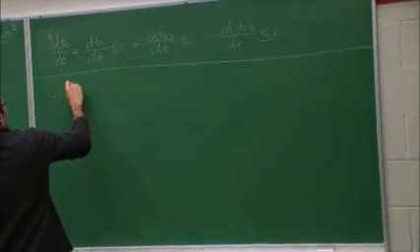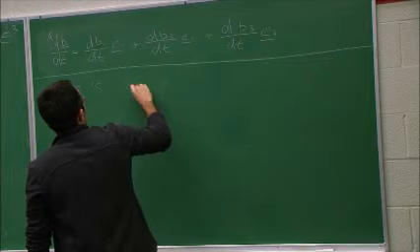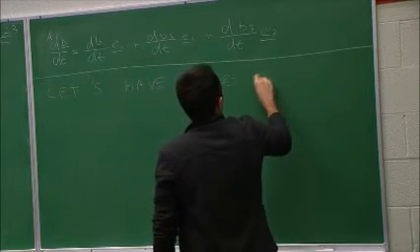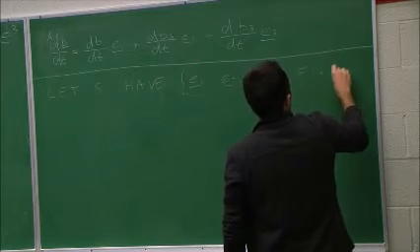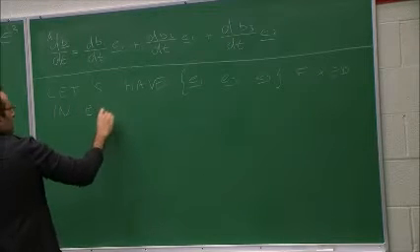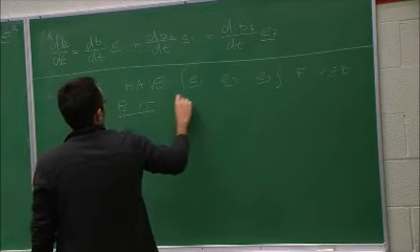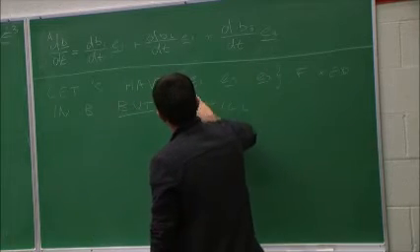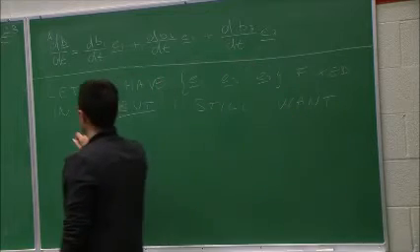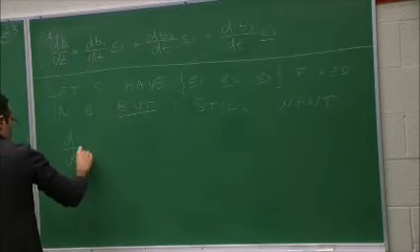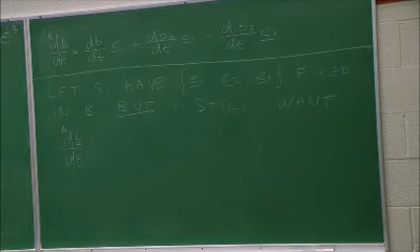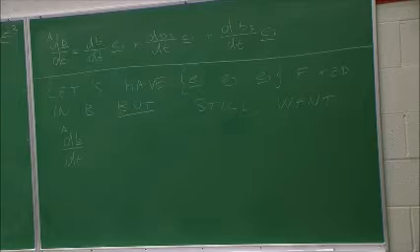So let's say now, let's have E1, E2, and E3 now fixed, not in A, fixed in B. But I still want d/dt of b in A, but I am writing the vector this way.